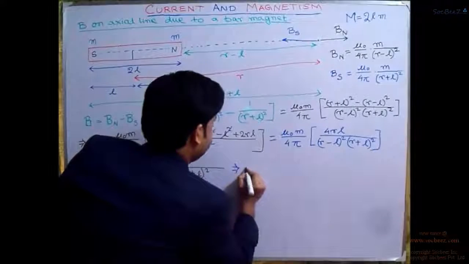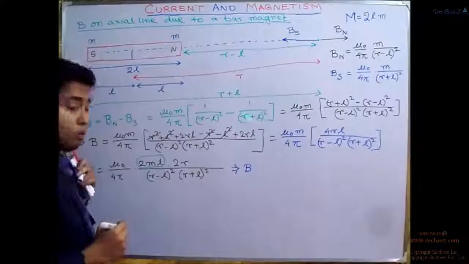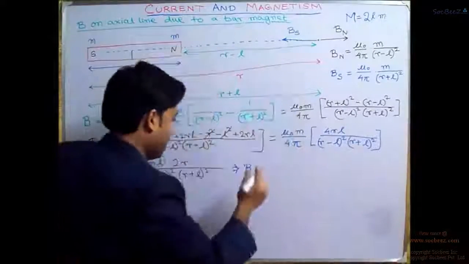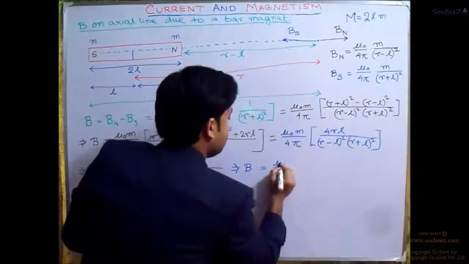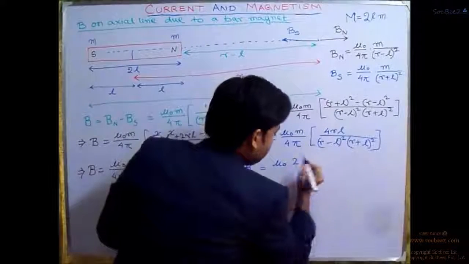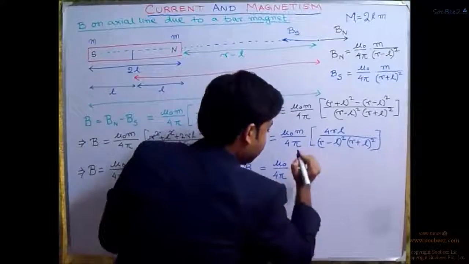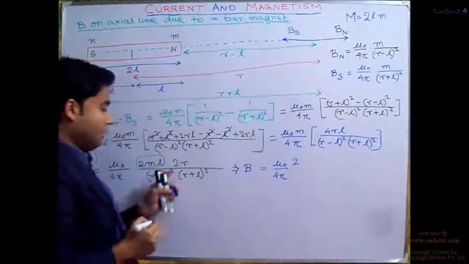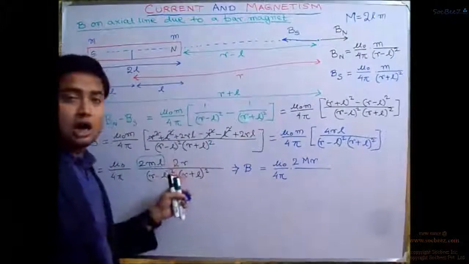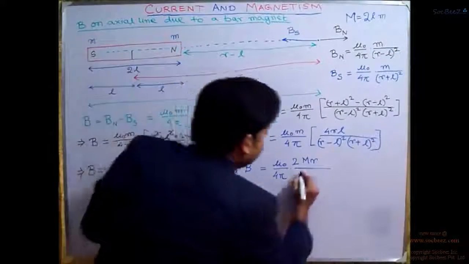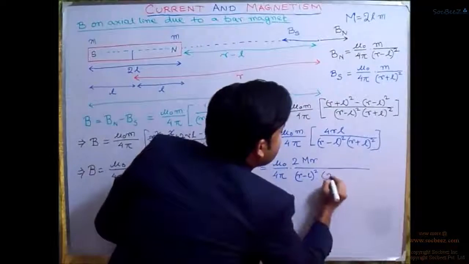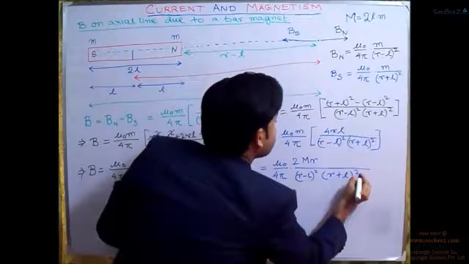So hence we can write the resultant magnetic flux density at this particular point will be equal to mu naught. This is 2R, so 2 mu naught divided by 4 pi, let us take it as 2 multiplied by capital M R, divided by (R minus L) whole square multiplied by (R plus L) whole square.